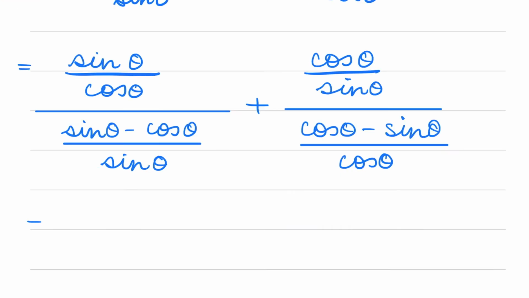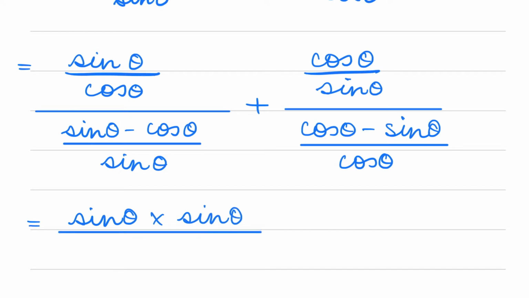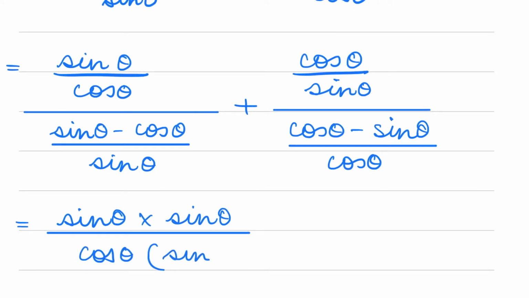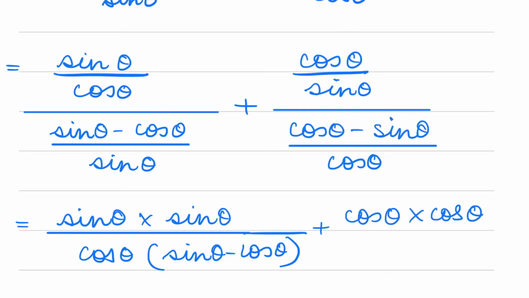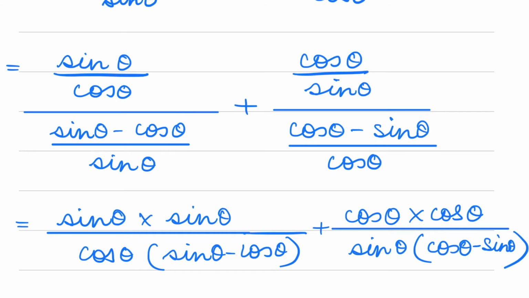Now this can be written as sin theta into sin theta divided by cos theta into (sin theta minus cos theta), plus here we have cos theta multiplied by cos theta divided by sin theta into (cos theta minus sin theta).